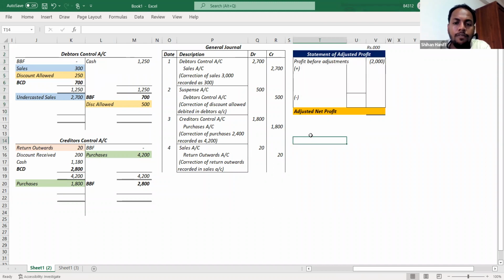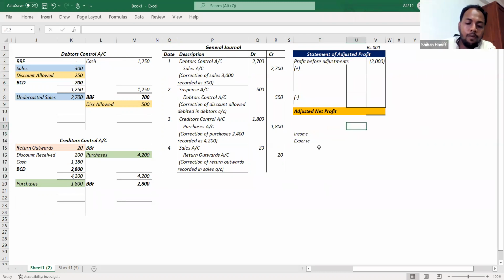Which accounts will affect the profits? Yes, income accounts and expense accounts. Only income accounts and expense accounts will affect the profits.